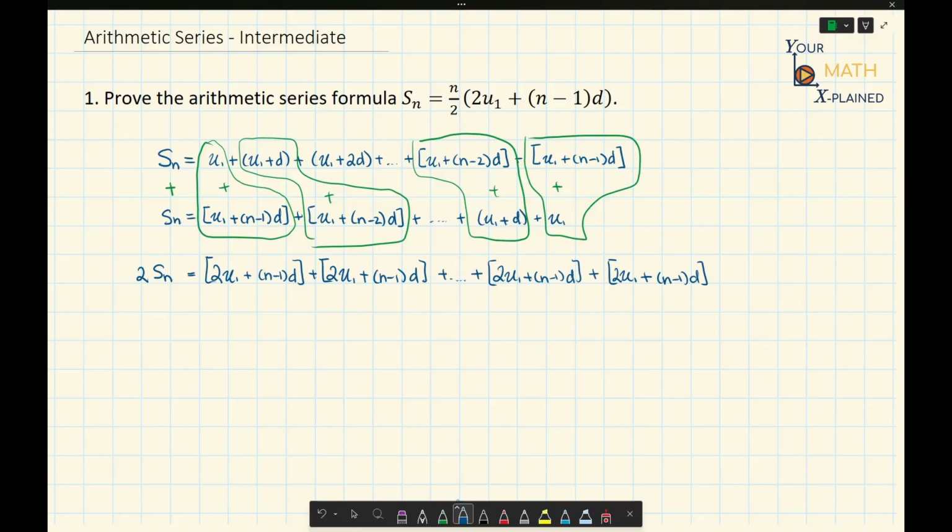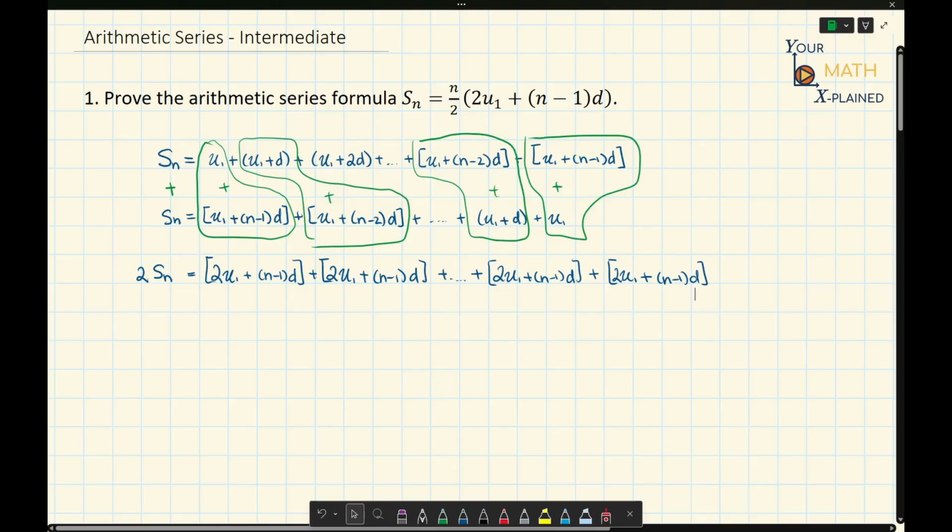So now if you look at this, all of them are identical. They are all 2 times u sub 1 plus n minus 1 times d. And we know that there are exactly n terms in each series, which means there's going to be n terms of these.